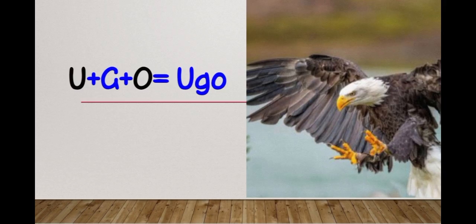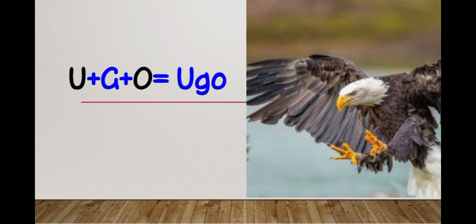Anyị nwere dịka ugo, which means eagle. Ugo. Kedu ka esi spell ugo n'asụsụ Igbo? Ọ bụ U-G-O. Ugo. Lekwa ugo. Look at the eagle.